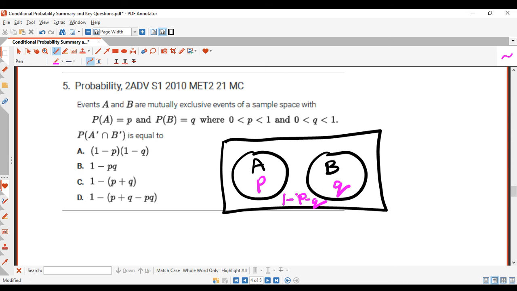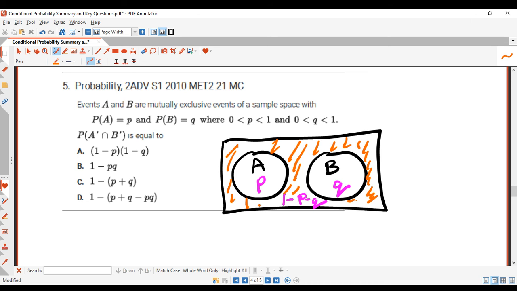P plus Q plus 1 minus P minus Q should be 1. Okay, so now, not A and not B is all this space outside, isn't it? It's all the space outside of the circle. So not A and not B is everything outside of the circles.